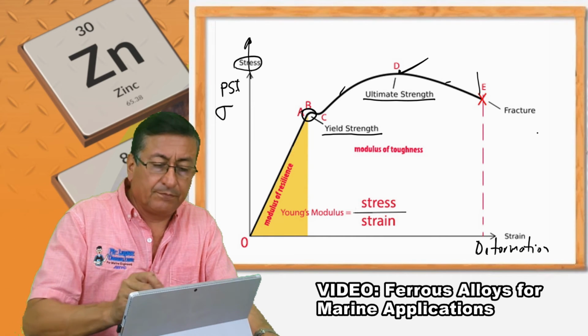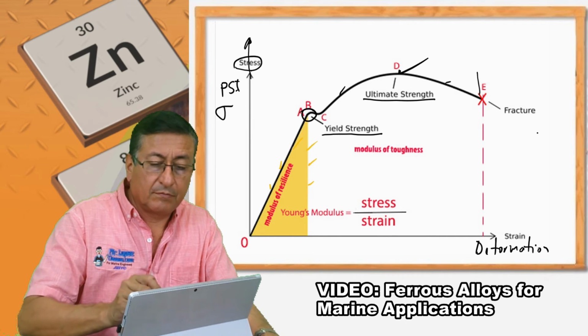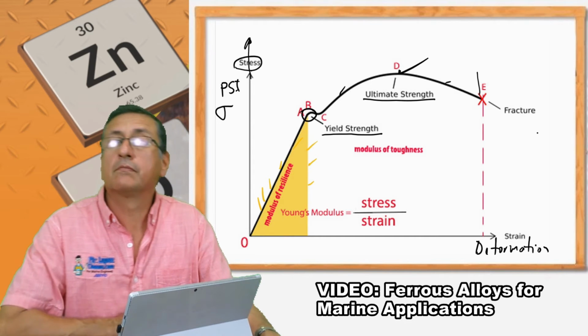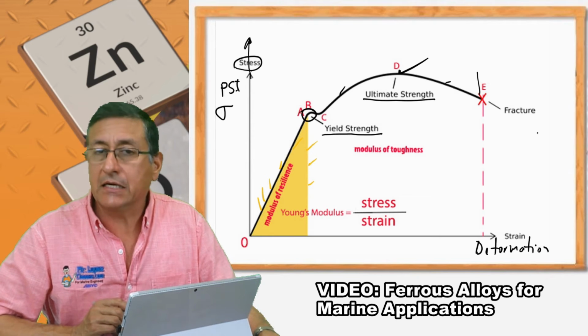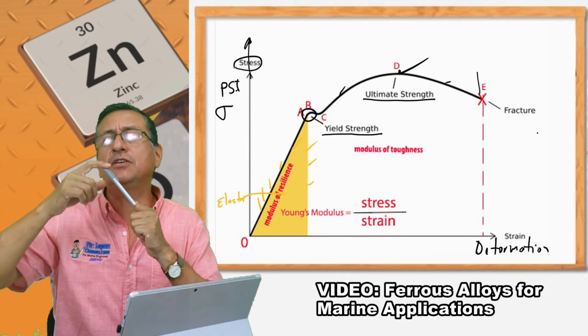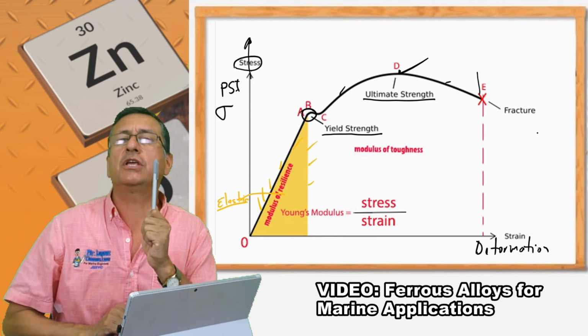In this area, the deformation of the material is elastic. What is the meaning of that? You apply force until this point, and if you remove the force, the metal returns to the original position.